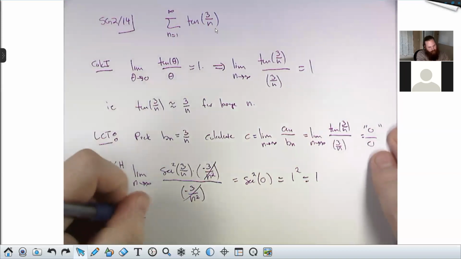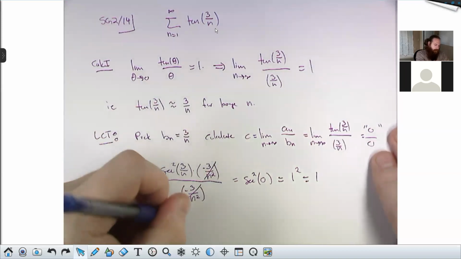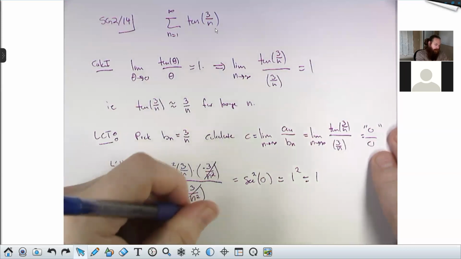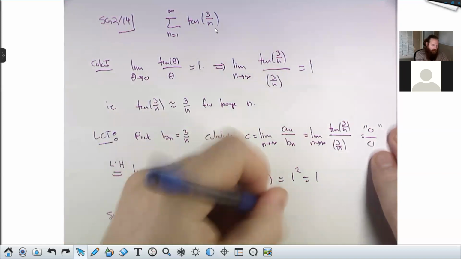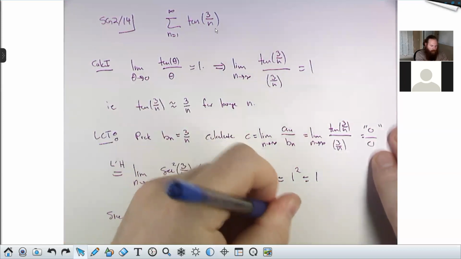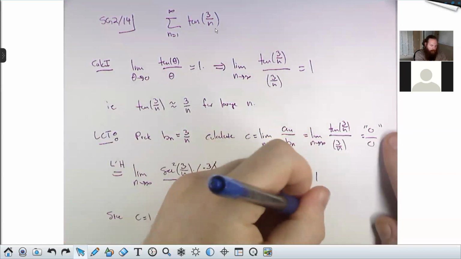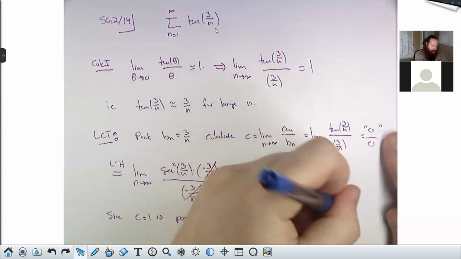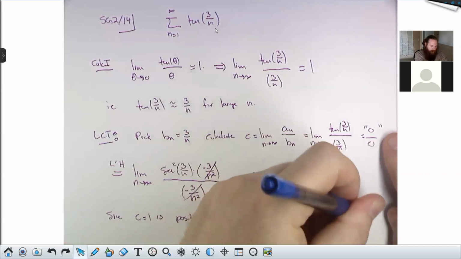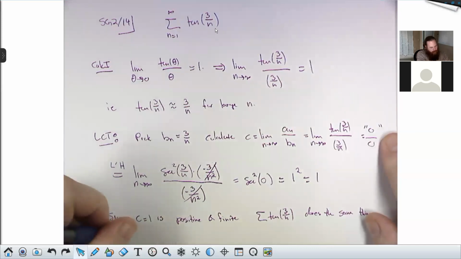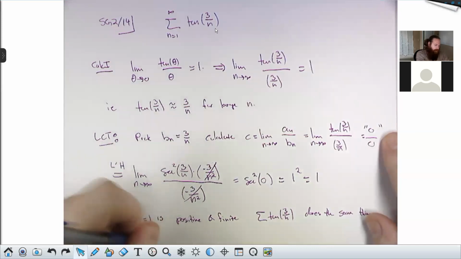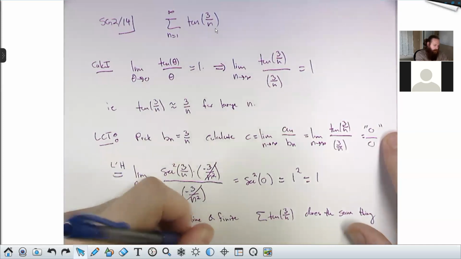Since C equals 1 is positive and finite, sigma tan 3 over n does the same thing as regular old sigma 3 over n. This is a divergent p-series.